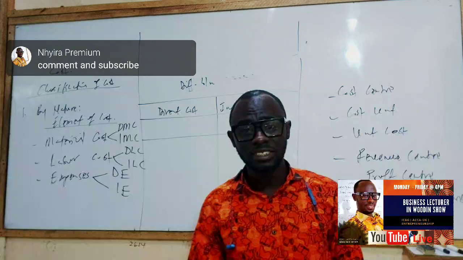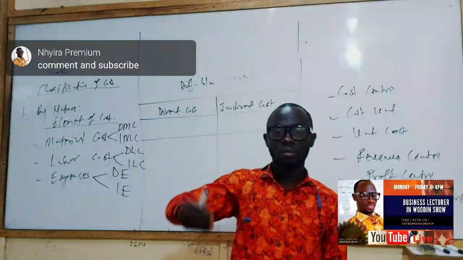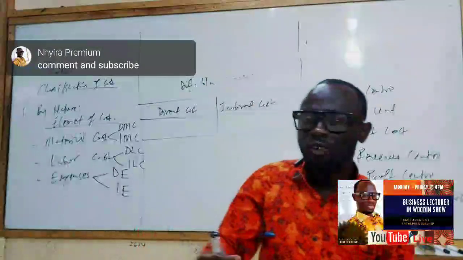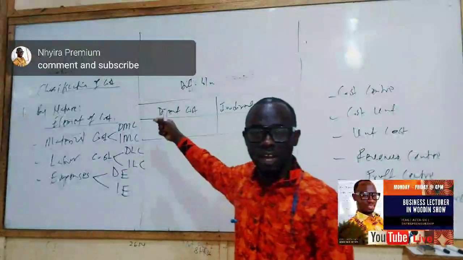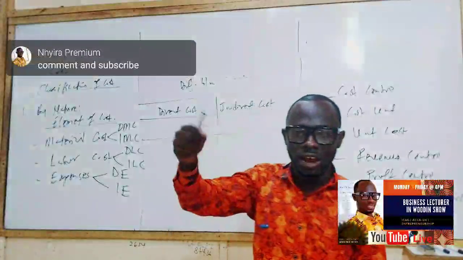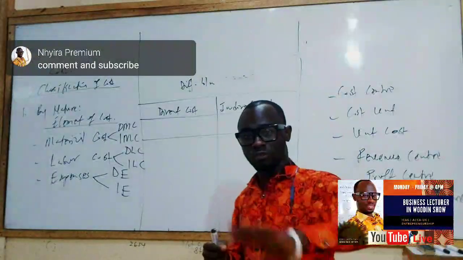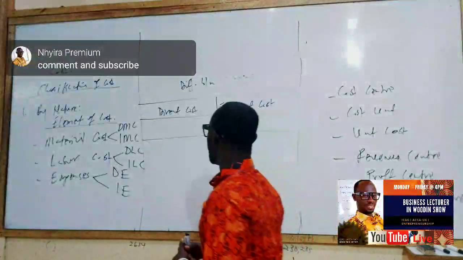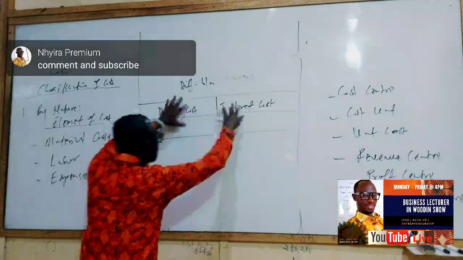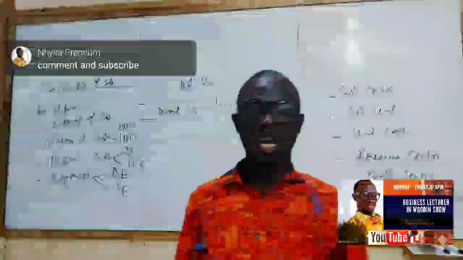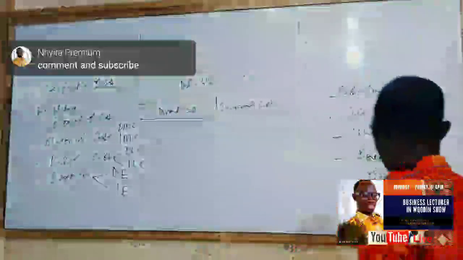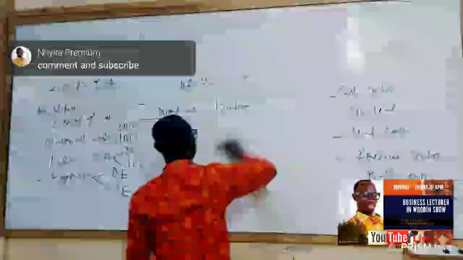And I mentioned that these material costs, labor costs, and expenses can further be divided into direct material, indirect material, direct labor, indirect labor, direct expenses, and indirect expenses, and we've gone through all of that. So that is the first thing, classification of cost by nature. So let's move on to the second thing.